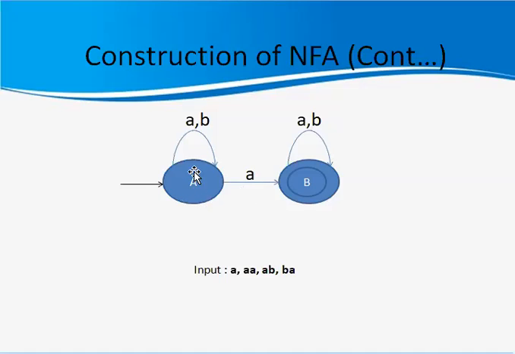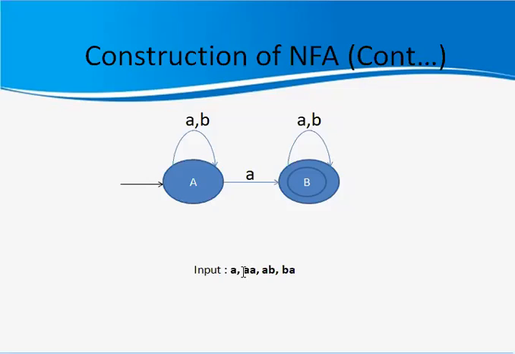So here, starting from the initial state A on input small a, the next state will be B. So one move ends in a final state. So our string small a will be accepted.